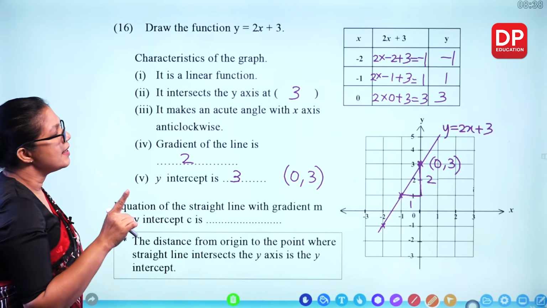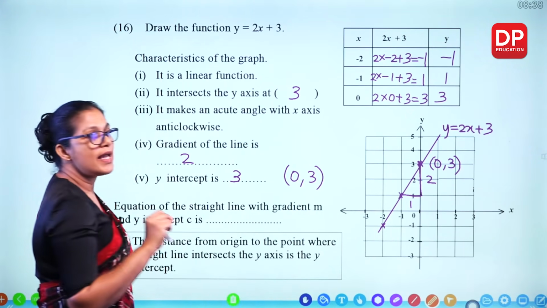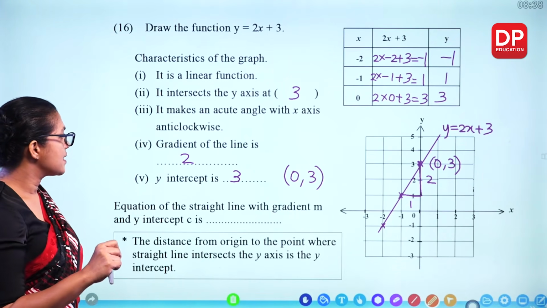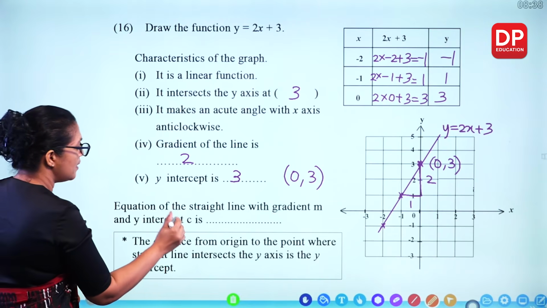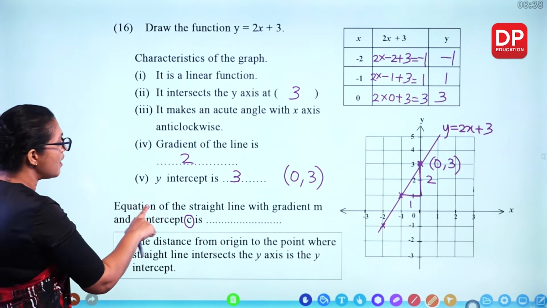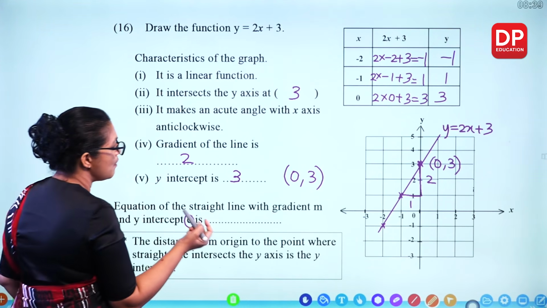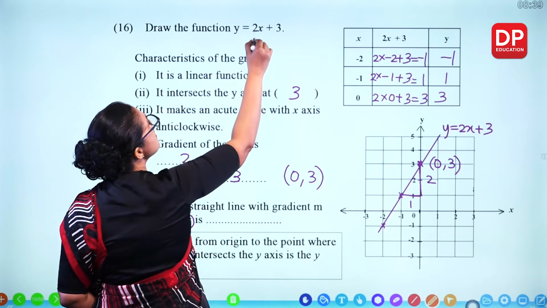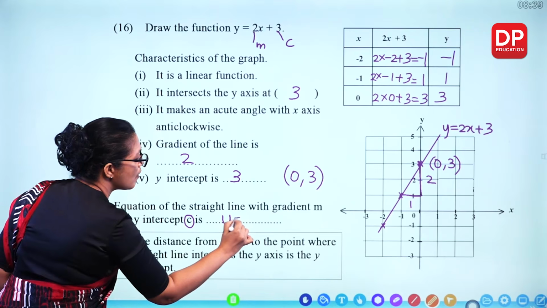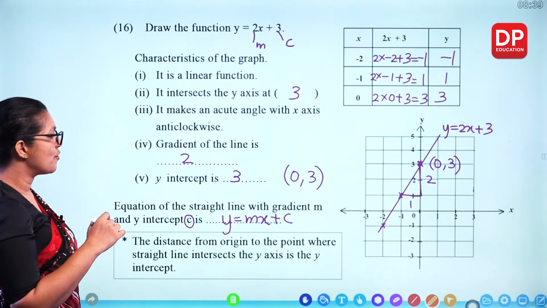So now we learned another new word, y-intercept. Earlier we did gradient, now y-intercept. We use the symbol C for that. So the equation of the straight line with gradient m and y-intercept C we can write down. This is m and this is C. Y equals mx plus C. So remember that.